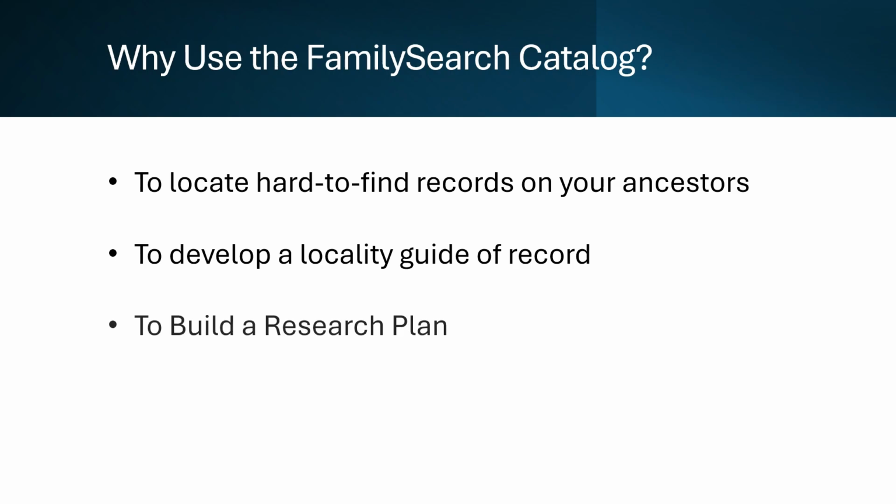And you can also use it to build a research plan aimed at tackling the specific research questions you have. It's important to formulate good research questions. Now that topic really is its own presentation for another day.